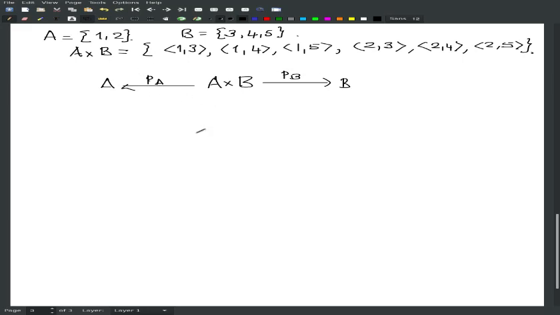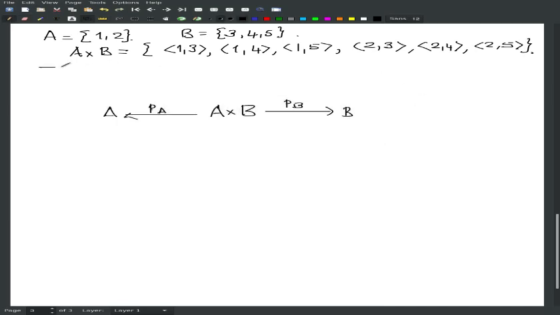Now let's take a third set T. Let's take T to be, say, instead of 1, 2, 3, 4, let's take A, B, C, D. So it's a 4-element set. So observe, how many functions are there from T to A cross B?